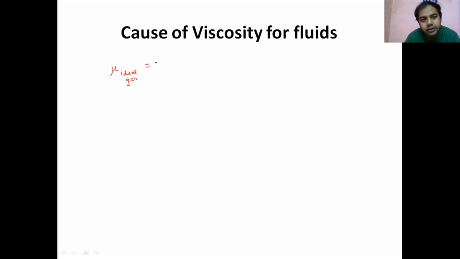What was that value? That came as the density, one correction factor, mean free path of the gas molecules into root of 8RT. We compared this equation with Newton's equation and got this value, the dynamic viscosity of a gas, whether the gas is ideal or not.